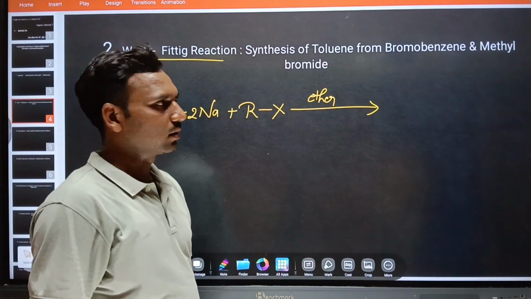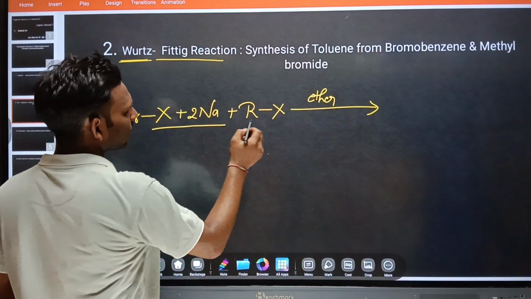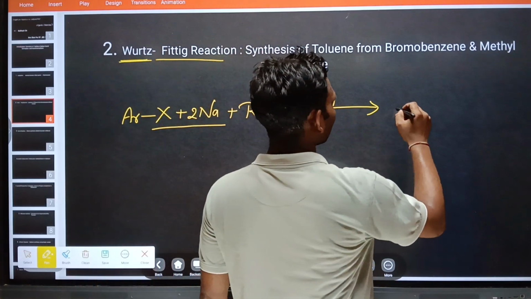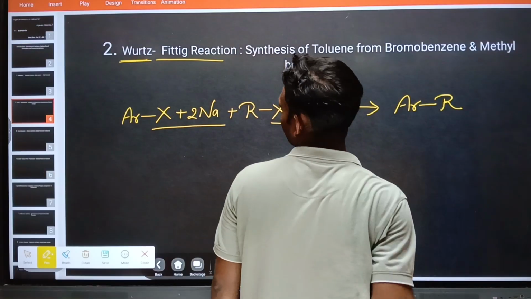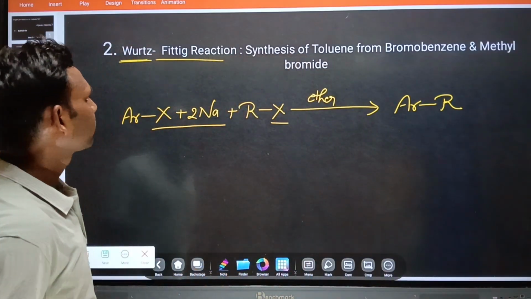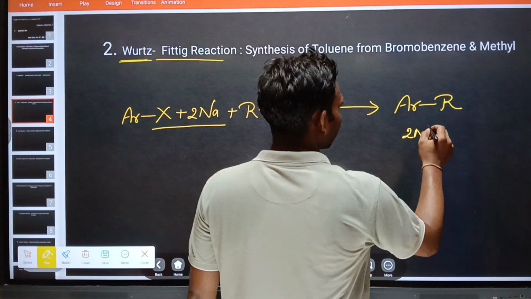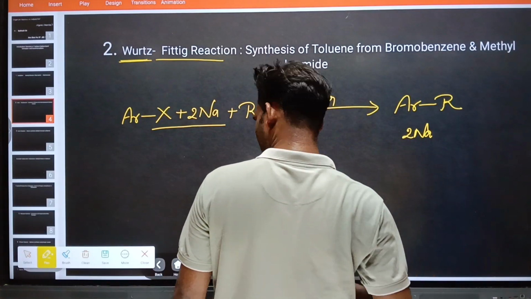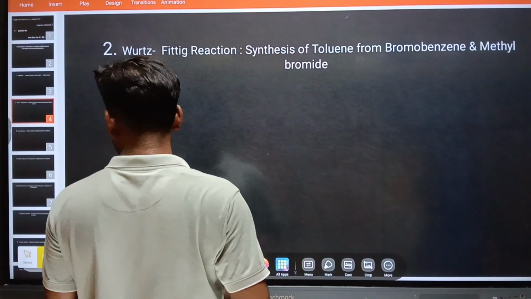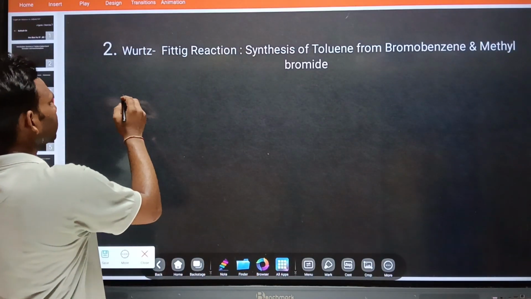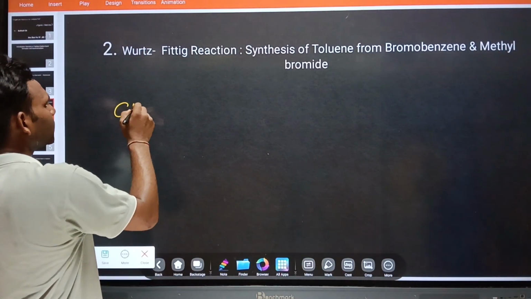So the X forms NaX, and the aryl alkyl group Ar-R is formed, and 2NaX is removed.